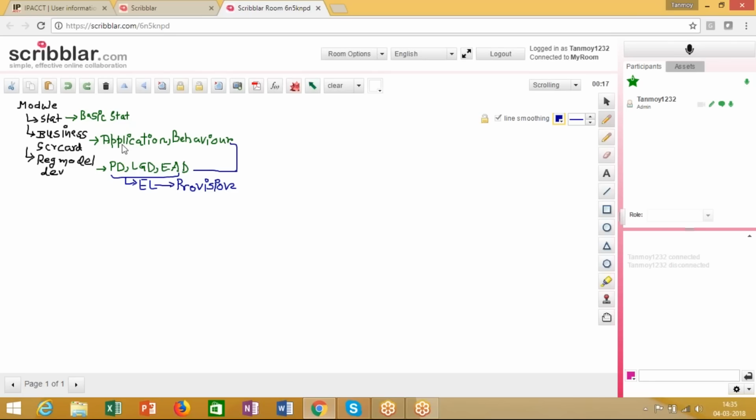But our core objectives, first of all, would be to develop the basic statistical section, the application and behavior scorecards, and the PD and LGD models, and then we'll draw up these extended portions as well. So that is the plan going forward. As I discussed earlier, while we are trying to develop these models, what we talk about initially is the basic statistical portions, and this section one of the module will take us around a month or so.